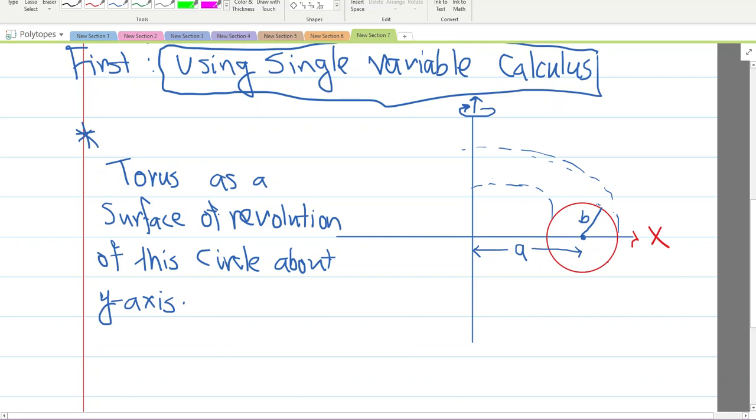Now let's write down the equation of this circle.